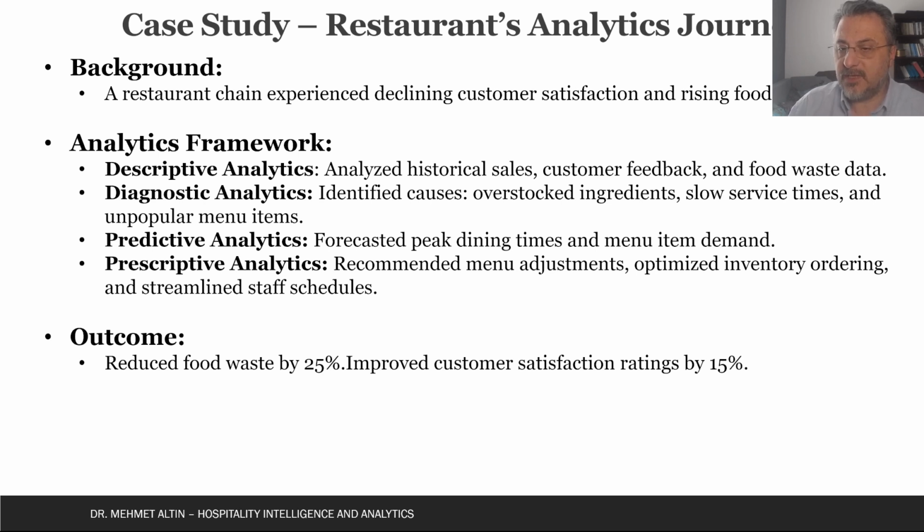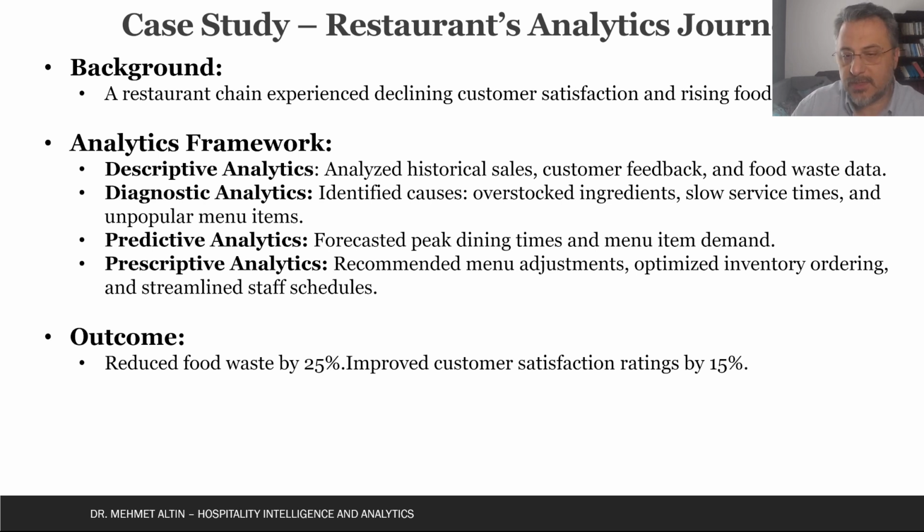Finally, prescriptive analytics could recommend actionable strategies to address these issues. You can adjust the menu to remove unpopular items and focus on high-performing dishes, optimize inventory ordering to reduce spoilage and align with the predicted demand, and streamline staff schedules to improve service during peak dining hours.